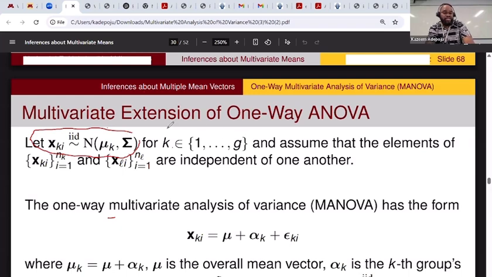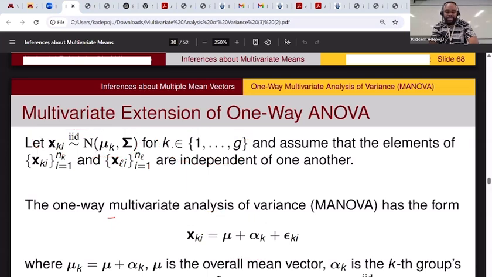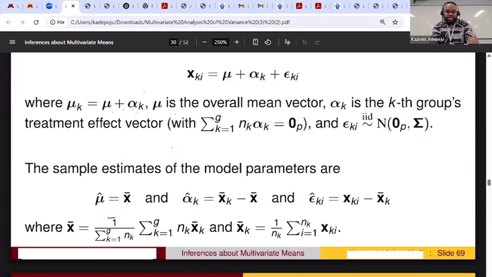G is the number of groups. Now the model is going to change to this. Of course, in the model now, each of them is going to be a matrix, so we are writing that in that form. Now, let me tell you this. This is how you can find the estimate of the mean, the estimate of the treatment effect, the estimate of the error.